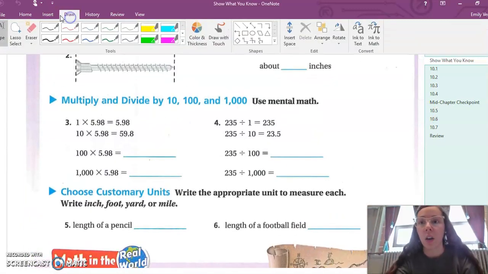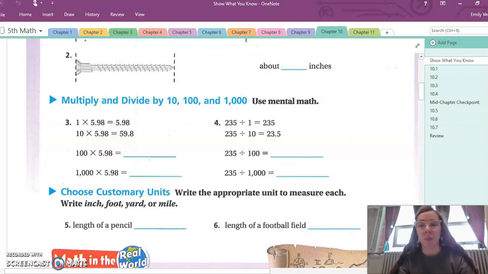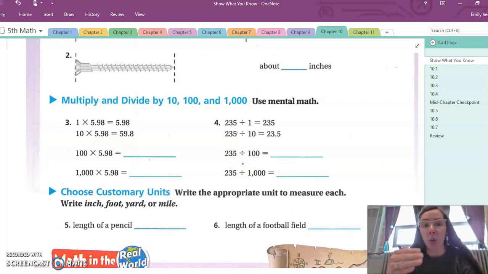Okay. So this goes back to something that we talked about way back at the beginning of the year, where we looked at patterns when we multiply and divide by 10, 100, 1,000. So if you need to, go back into your math notebook, find where we did that, and use that as a pattern, because remember, our numbers are moving around. The decimal stays put, and our numbers are moving around as we multiply or divide by tens.